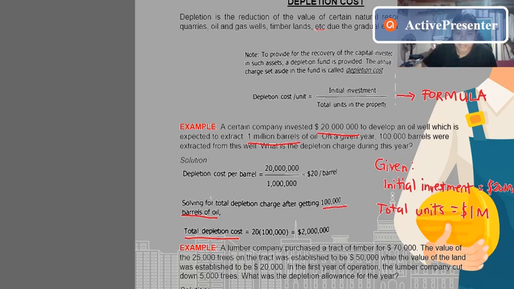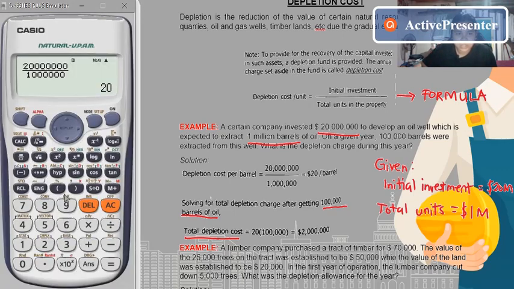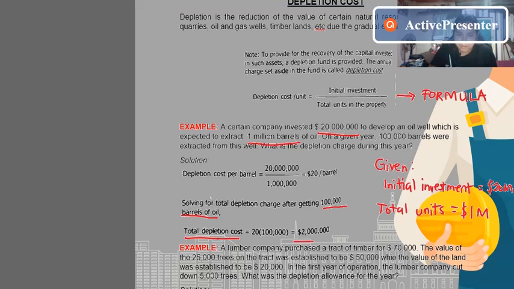So we just multiply. So 20 multiplied by 100,000. So our total depletion cost, the unknown in this problem, will be $2 million. So this will be our final answer.